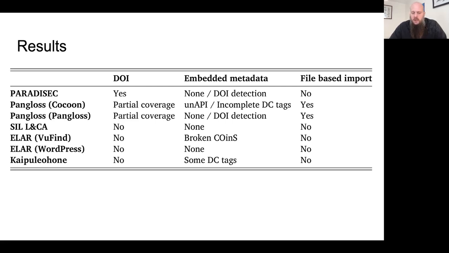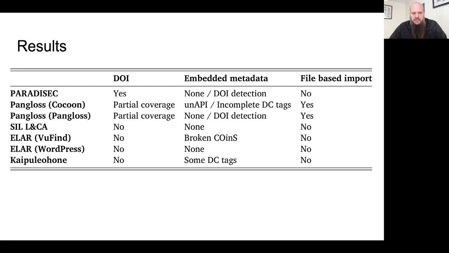Of the archives that I reviewed, only Pangloss and Paradisic have DOIs, and they both are on the items and the collections. Pangloss generally only has 1 artifact per item, whereas Paradisic might have many.